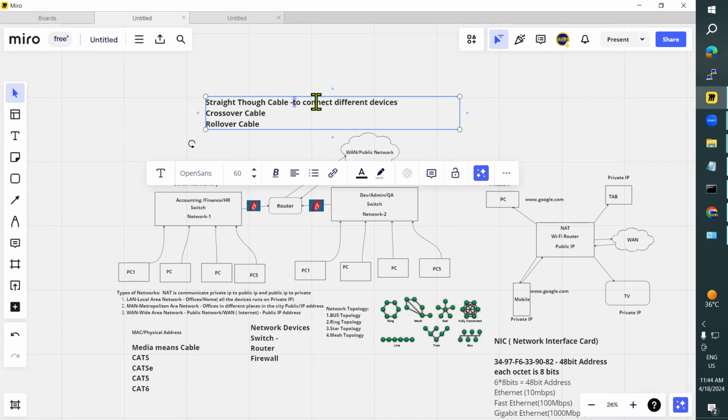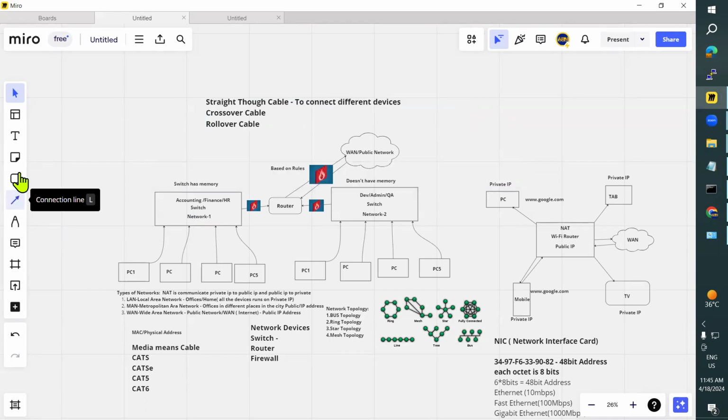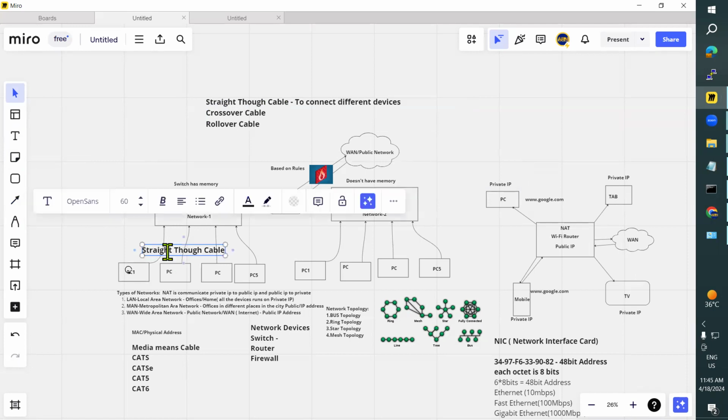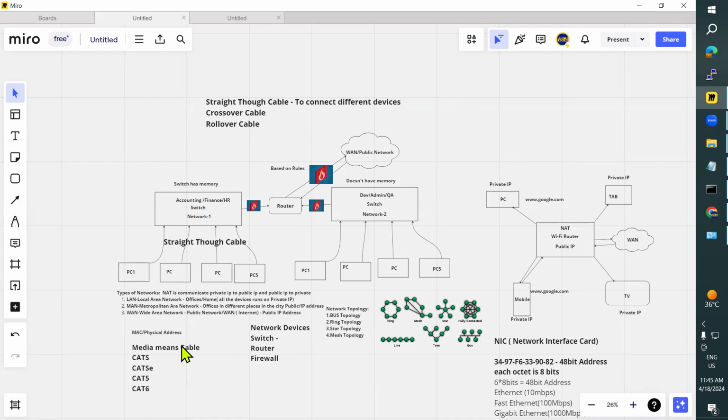For example, a PC is a device and this is a switch, a different device. Both are different devices, so we use a straight through cable to connect them. The devices are not the same: this is a PC, a computer, and this is a switch. So we use a straight cable here to connect. These are straight through cables.